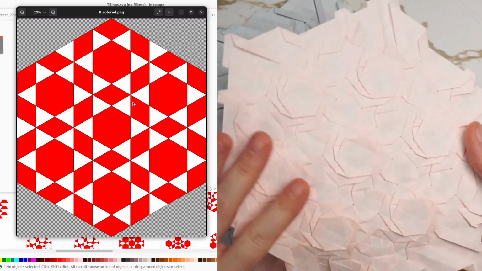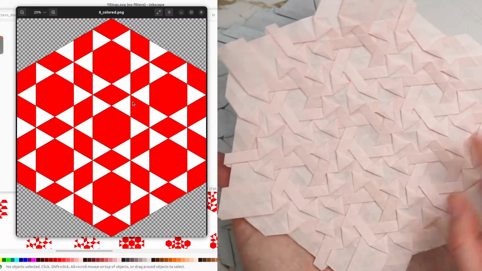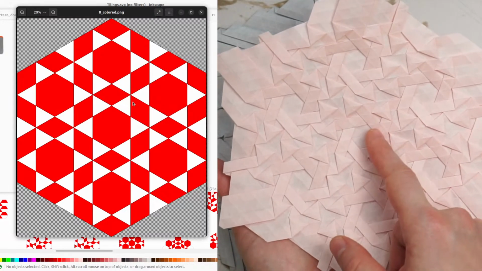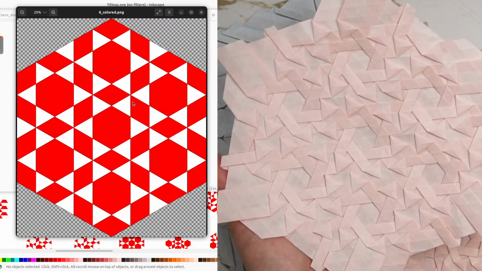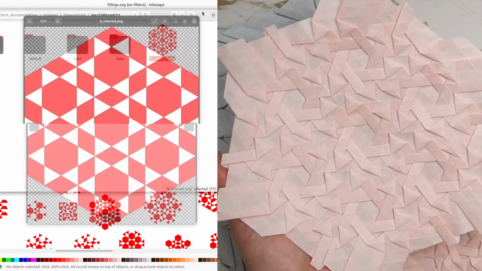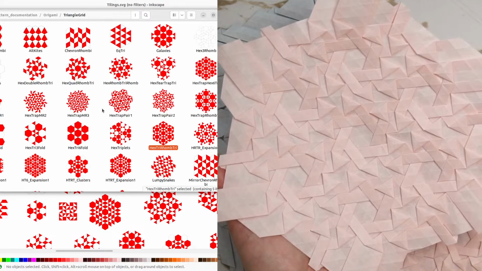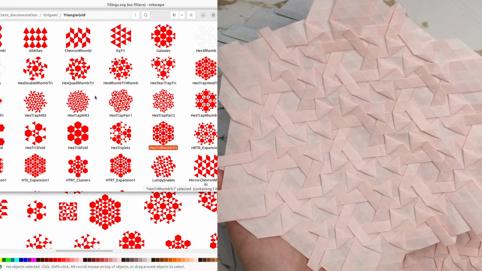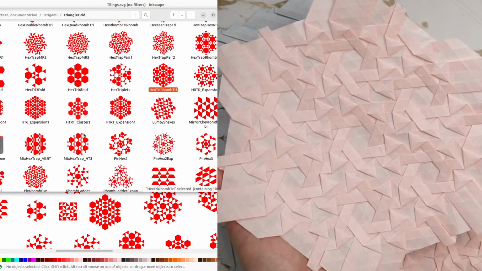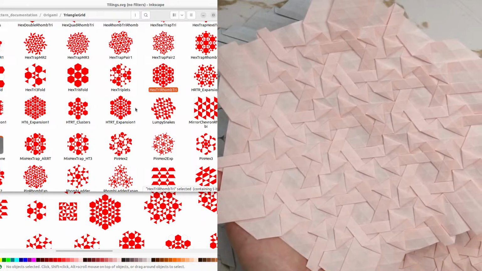So how can this be? How can we have the rhombus and the triangle not in positions of rotational symmetry? Well, if we come over to our tilings, there's quite a few of them even here.